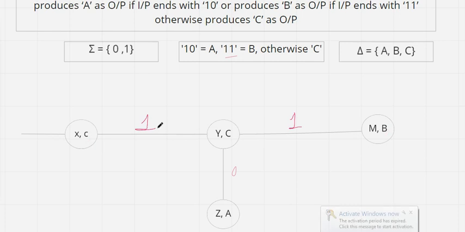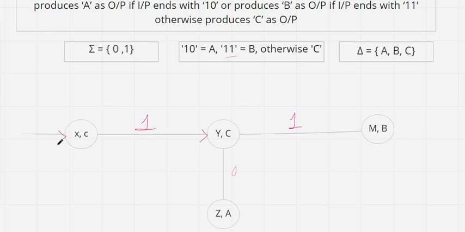Now we will look at the other criteria as well, covering all the states and all the different types of strings. Looking at this part, the initial state has only one transition, which is for 1, correct? This is the initial state.